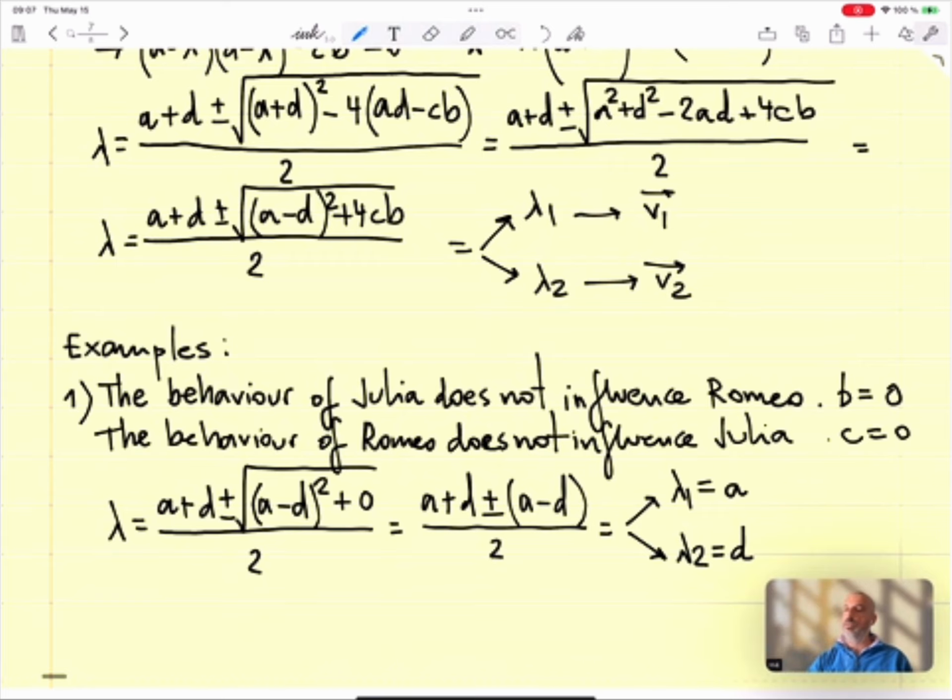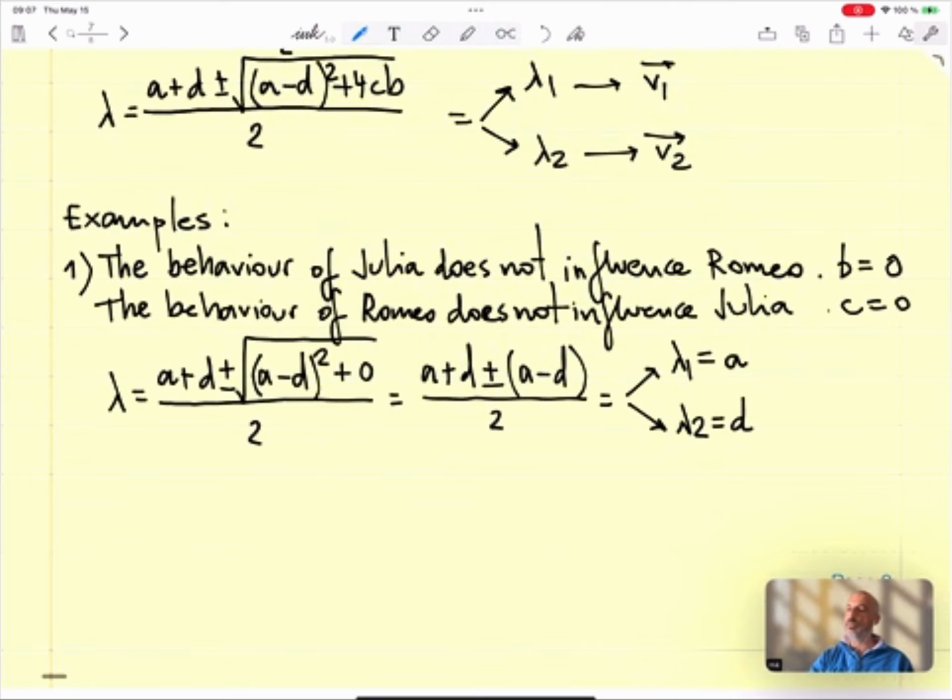So in this case, for the first eigenvalue, we say A V1 equals lambda 1 V1.